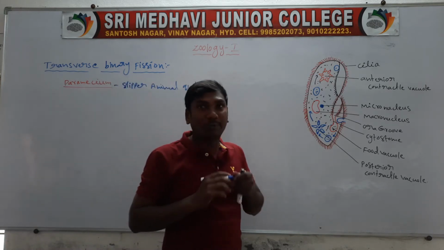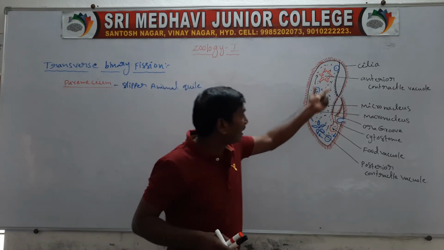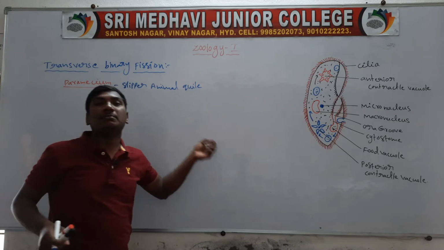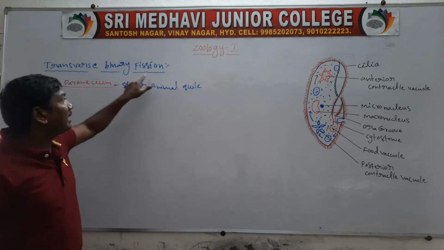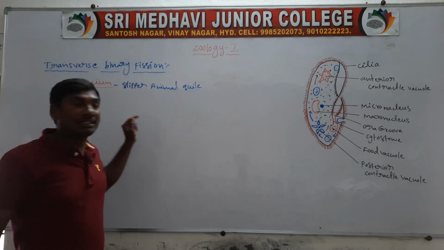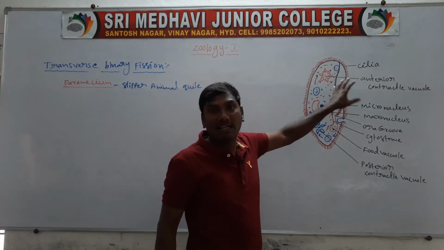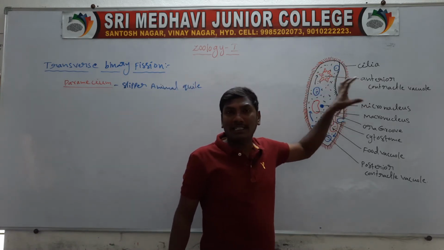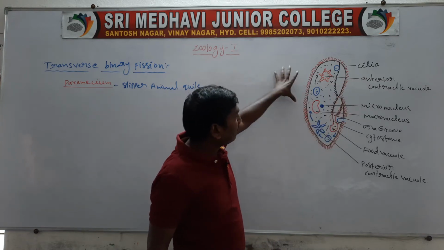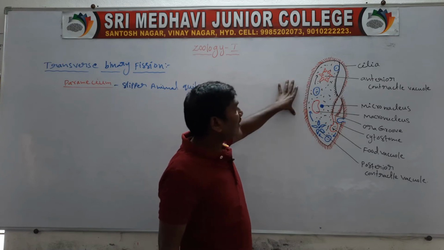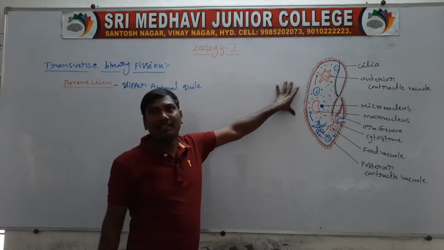Slipper animalcule means the paramecium looks like a slipper. Paramecium is called slipper animalcule because this structure has a slipper shape.